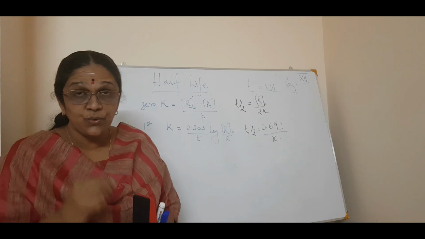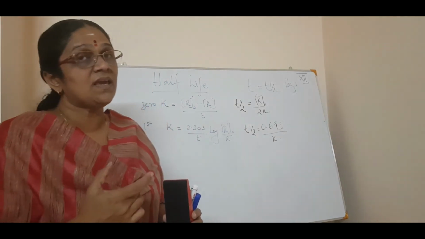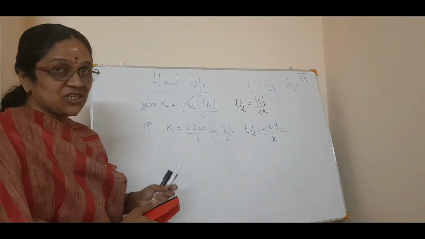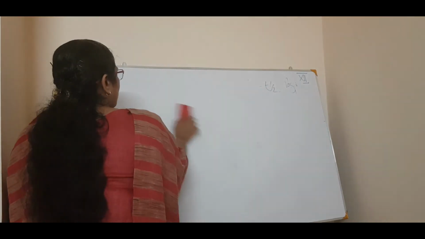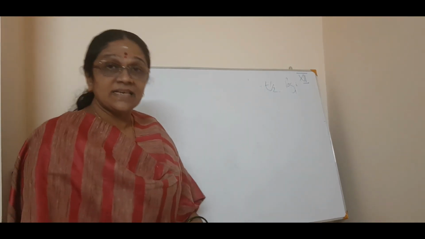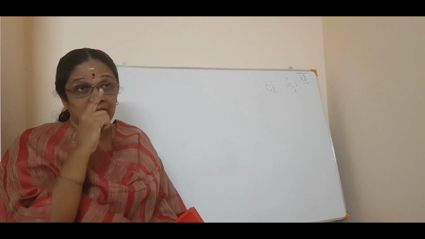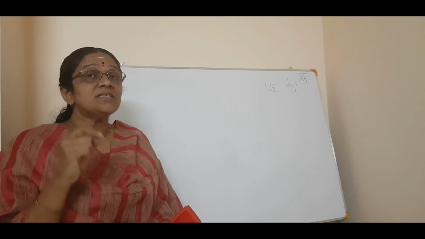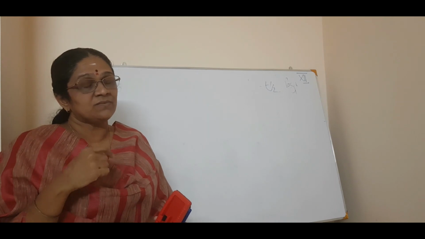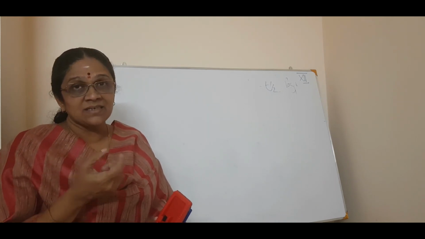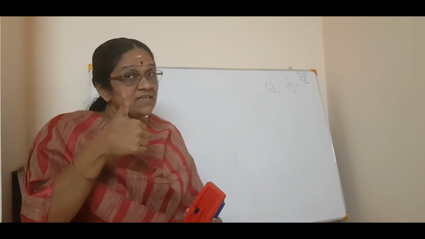What is it? Pseudo first order reaction. Pseudo means false. Okay, so we will see what is the false in that reaction. In the first class, if you remember, I told you the factors that affect the rate of a reaction: the concentration, the pressure, the nature, the surface area, as well as the temperature.